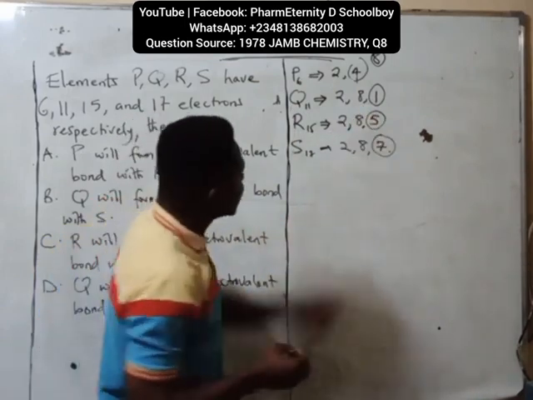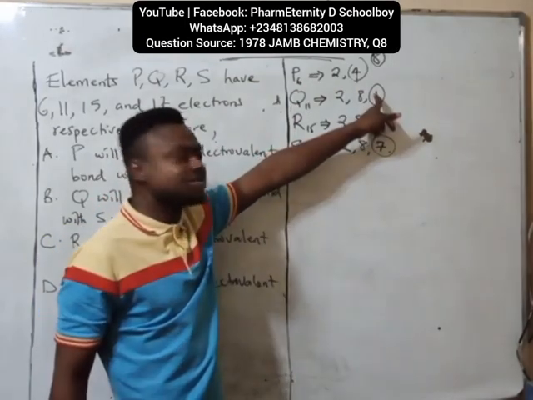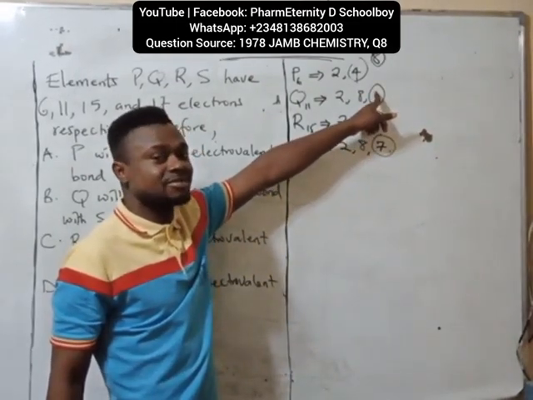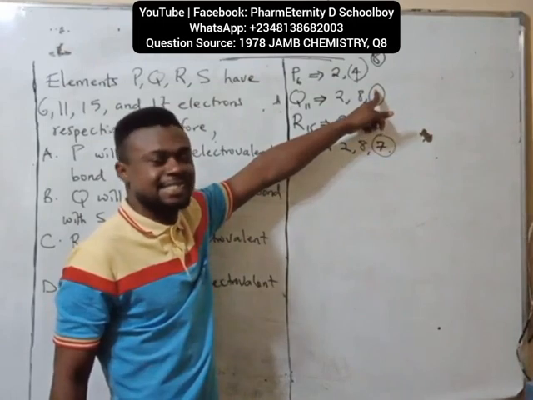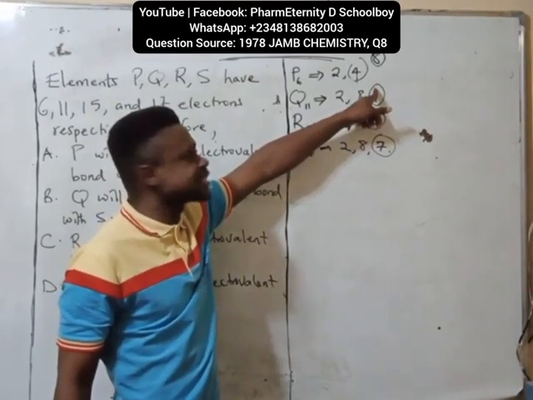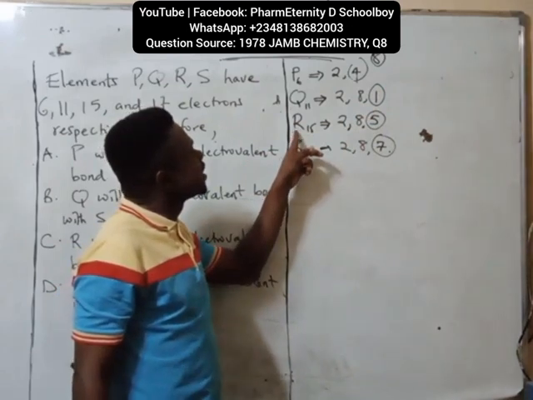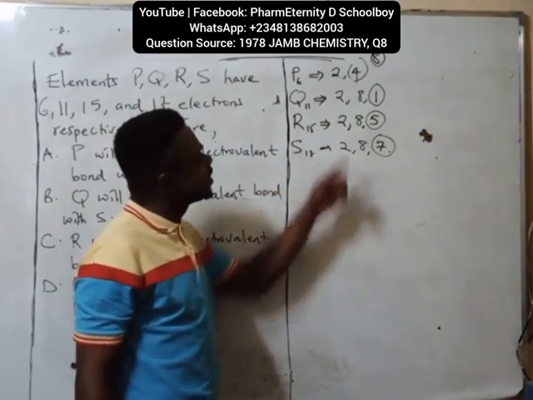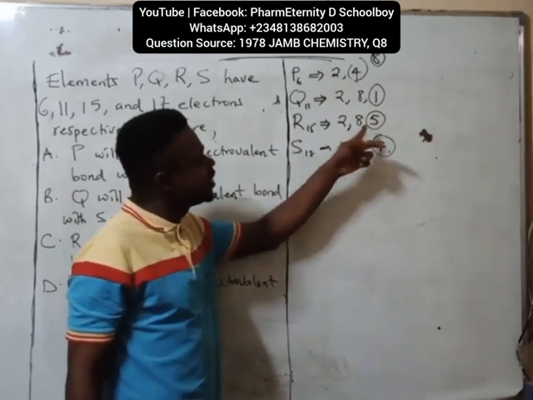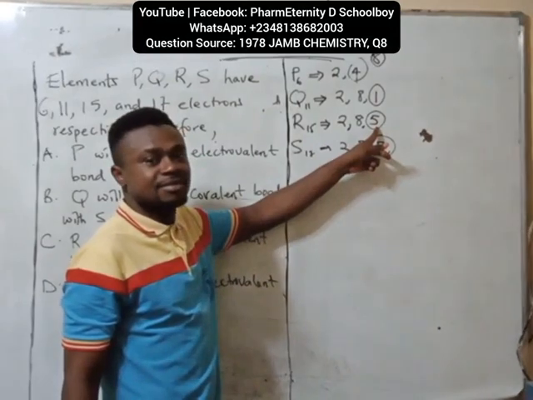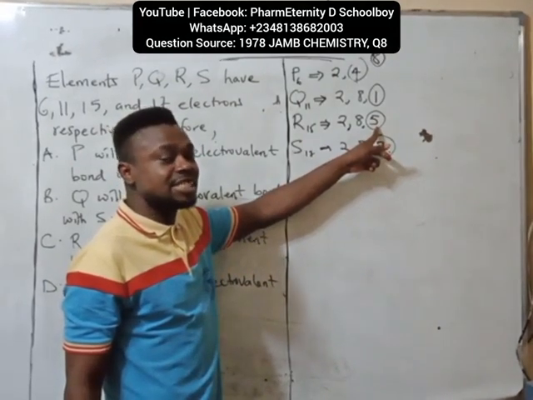Now let's go here. Q can easily transfer this electron, with ease, because of its low ionization energy. This one, R, has 5. It cannot transfer it; it can only share.